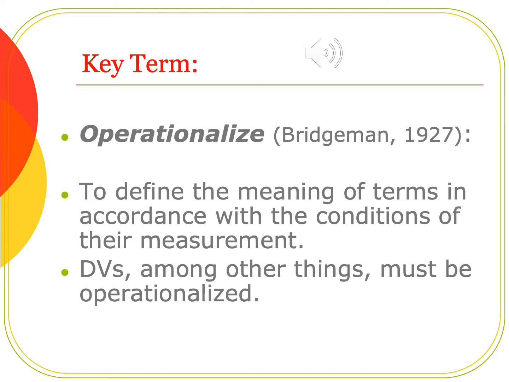And so operationalizing terms is to define the meaning of terms in accordance with the conditions of their measurement. So how are you going to measure? You couldn't say that people who take Prozac will improve their mood over people who take a placebo, because they would say, well, you need to operationalize the term mood.